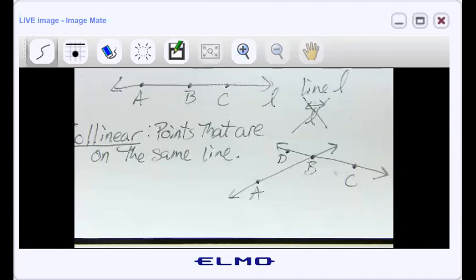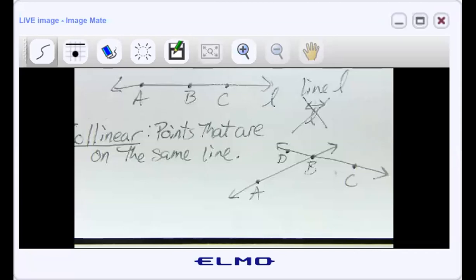Alrighty, so back to my question. My question was, are points A and B collinear? And most of you are saying yes, and you are absolutely right. They are certainly on the same line. All right, let's step it up a notch. Are points D, B, and C, all 3 of them, collinear? Points D, B, and C. Yes, they are all on the same line.